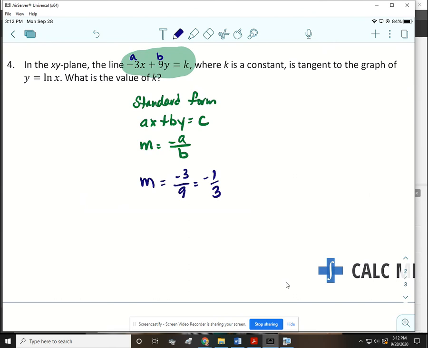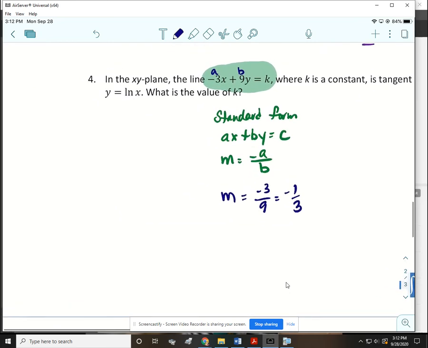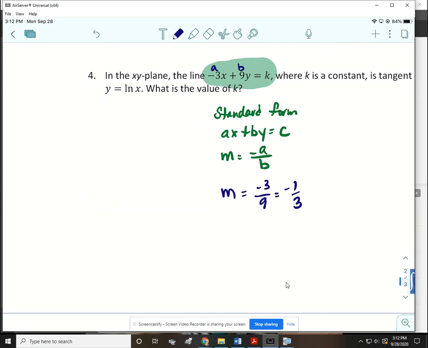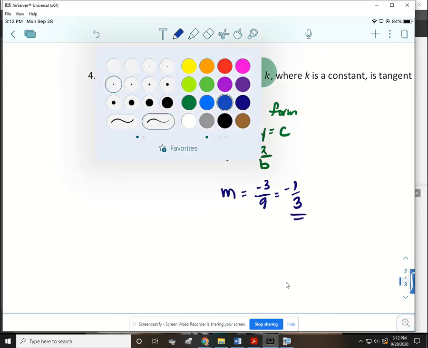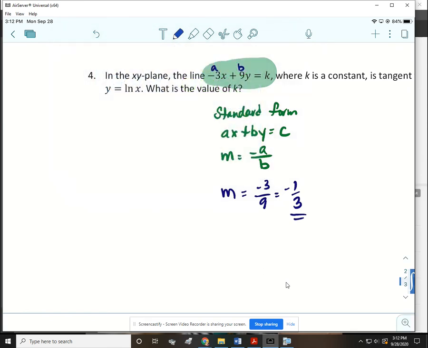All right, so what that means is that the slope, wherever these touch, we don't know where, of y equals natural log of x is also going to be 1/3, because the tangent line matches the slope of the graph at the point of tangency.